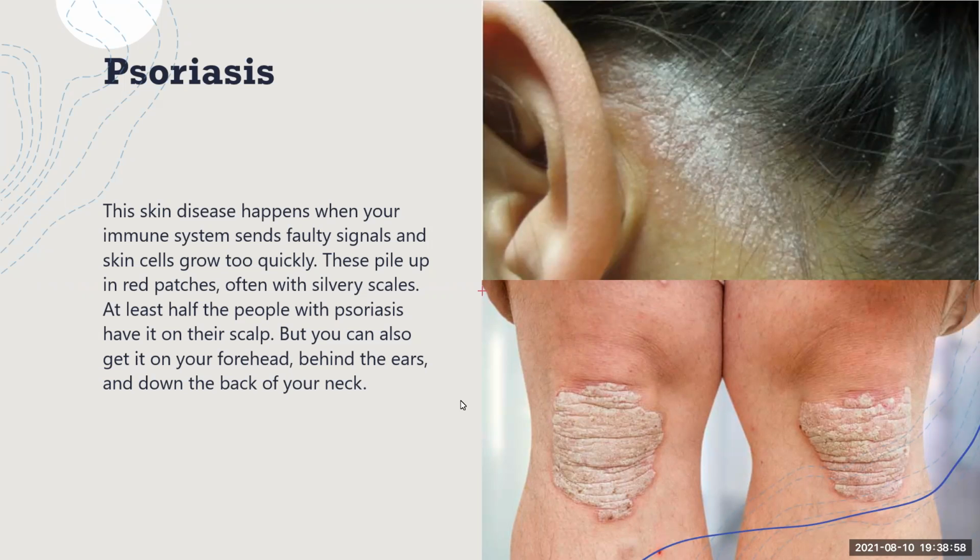So make a habit of Googling the images, especially if you are covering derma, so that you see different presentations, because psoriasis can be anywhere in the body, but most likely we will find it in the scalp region, and we can also find it over the joints.